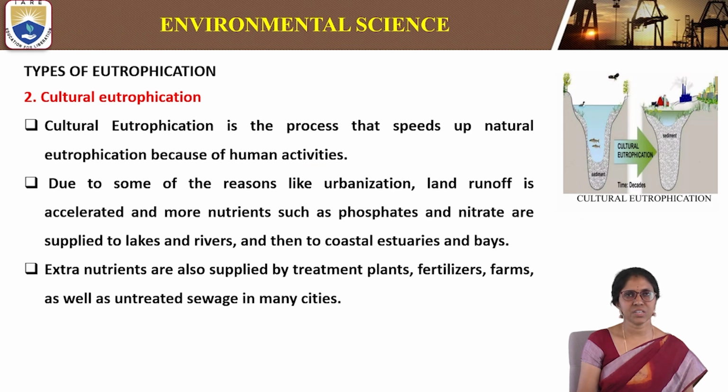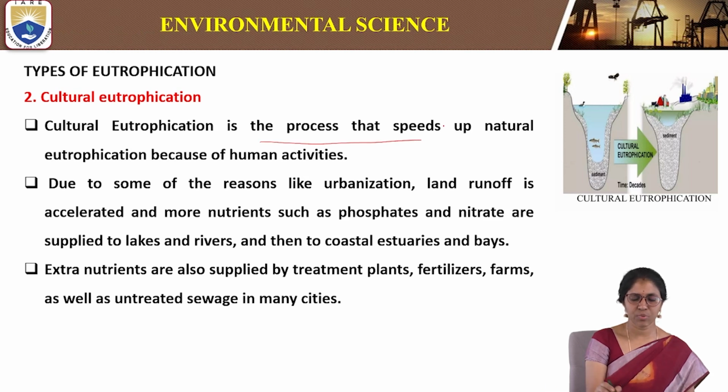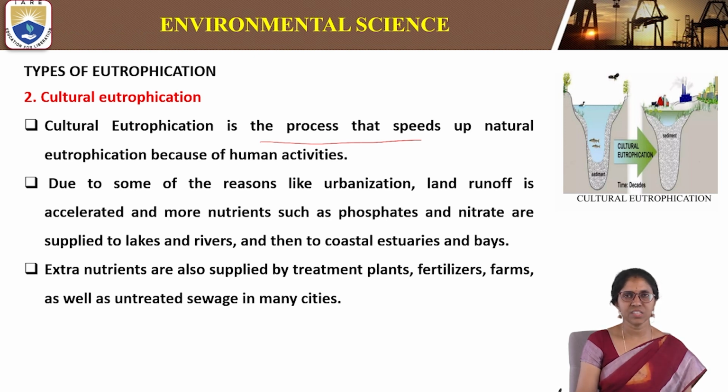The other type of eutrophication is cultural eutrophication. Cultural eutrophication is the process that speeds up natural eutrophication because of human activities.